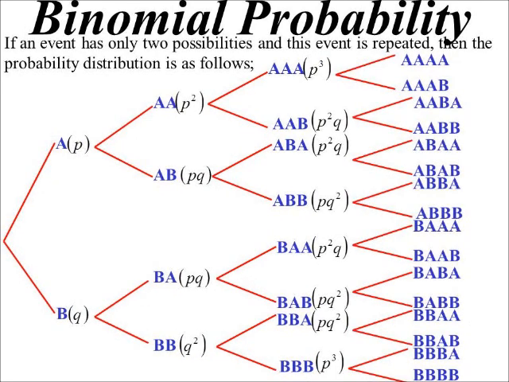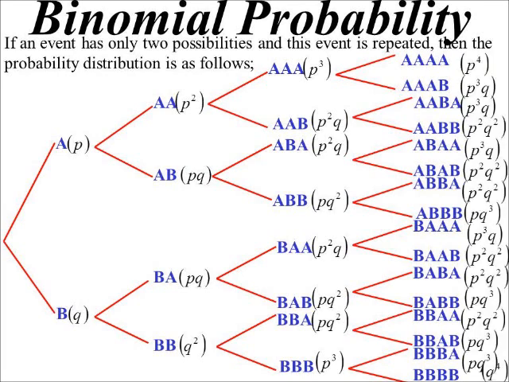Let's do it again, and we get all sixteen outcomes, ending with BBBB. Now the probabilities are P to the power of 4, P cubed Q, and so on.